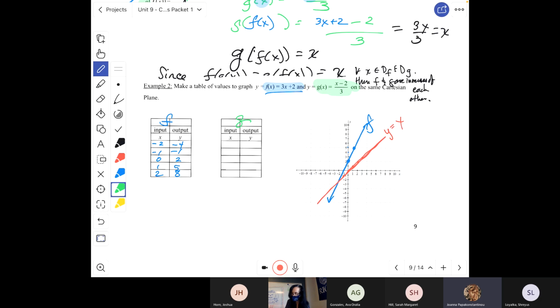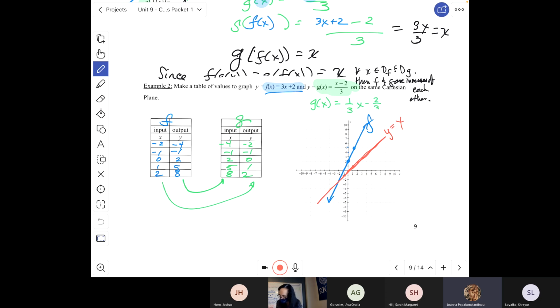And the quick and easy way to do it, knowing the relationship between a function or a relation and its inverse, is I could just interchange these, correct? And I could get the points (-4, -2), (-1, -1), (2, 0), (5, 1), (8, 2). Or I could just rewrite this if I really wanted to.